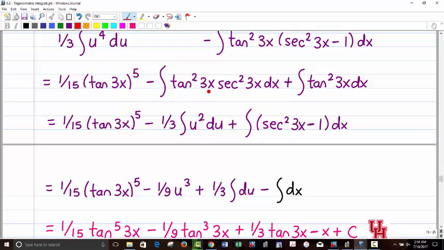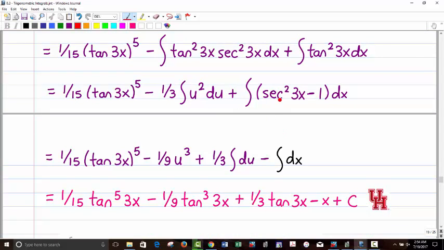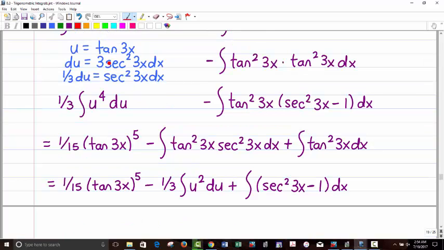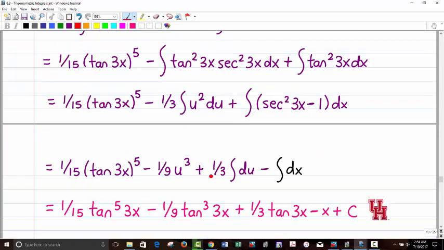Now that's a u squared du, so I have 1/9 u cubed. This is just du, sec squared 3x dx. See, we have to adjust for the 3. So it's 1/3 du right there. Or you can just integrate it directly and call it tangent right here like that. You can skip this step if you want to. And that's just the antiderivative of 1 dx.